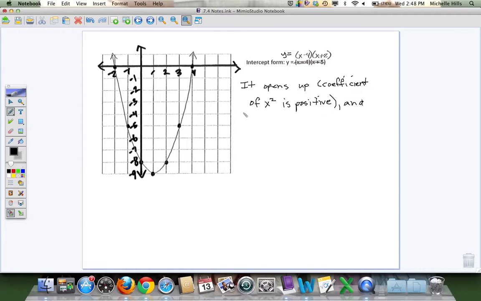And I can tell from the factors that the x-intercepts, or zeros as they are called, the zeros are positive 4 and negative 2.